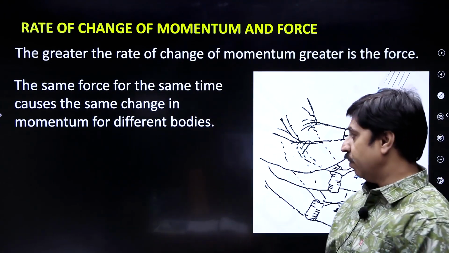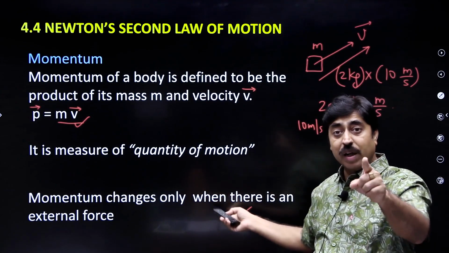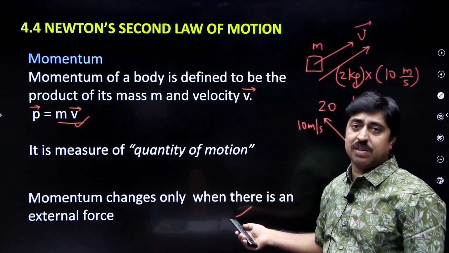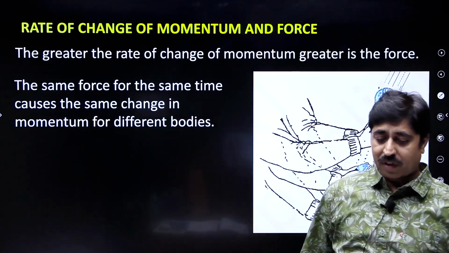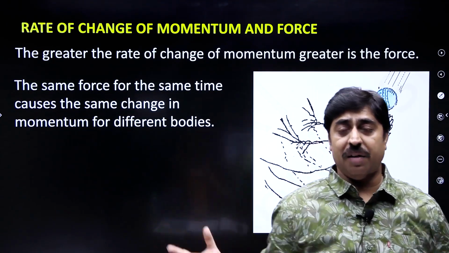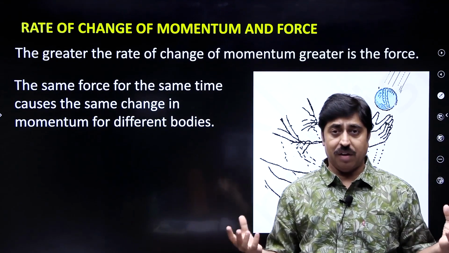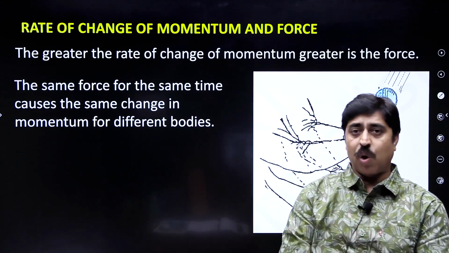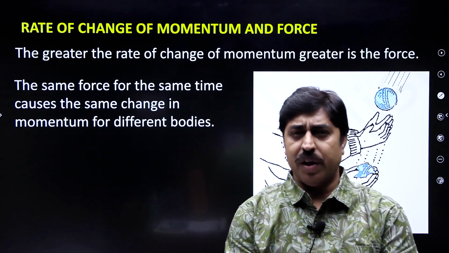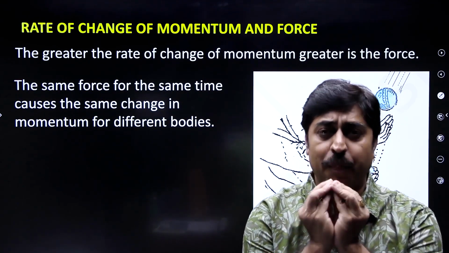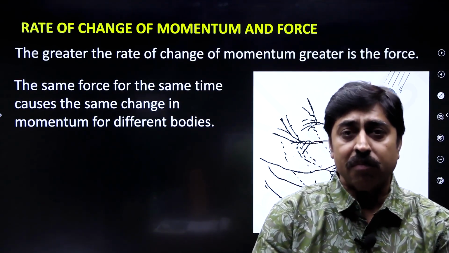In the earlier statement, we said that momentum changes only when there is an external force, and if the external force is very high, then momentum changes at a very rapid rate, very fast rate. If the external force is small, then momentum of the body changes at a smaller pace, smaller rate.